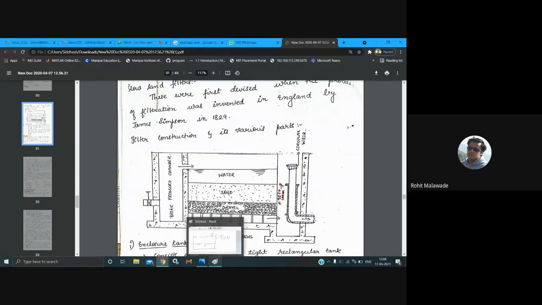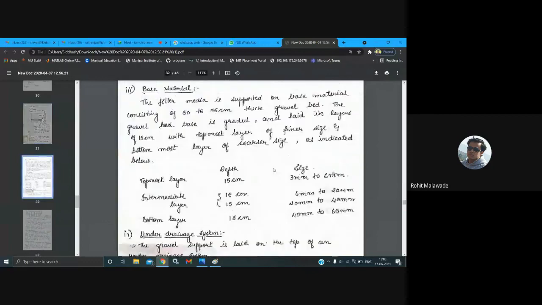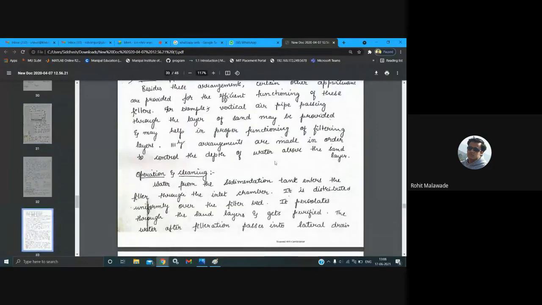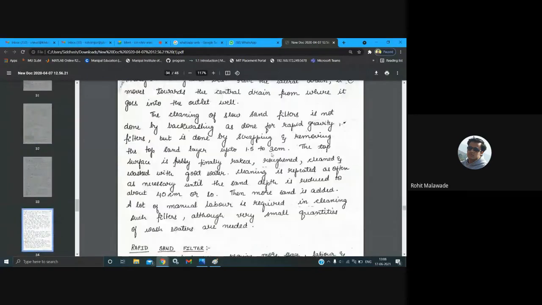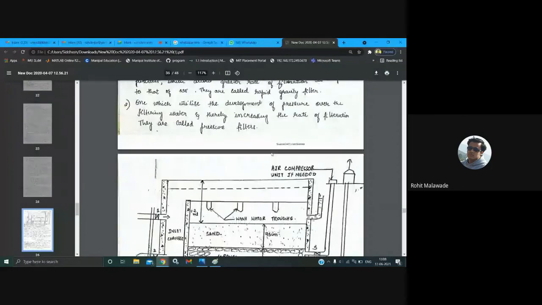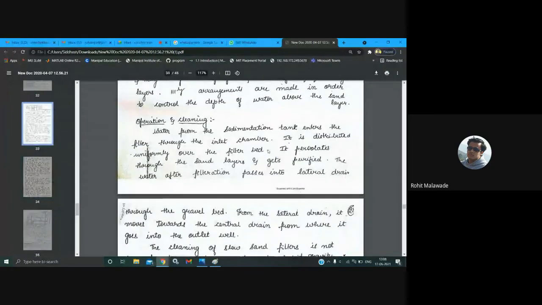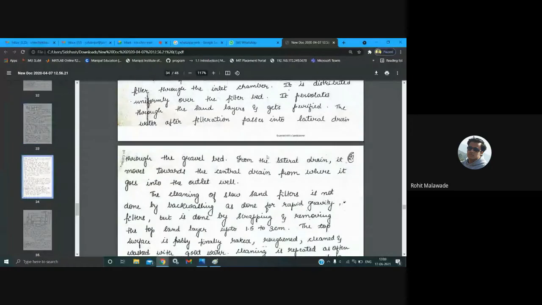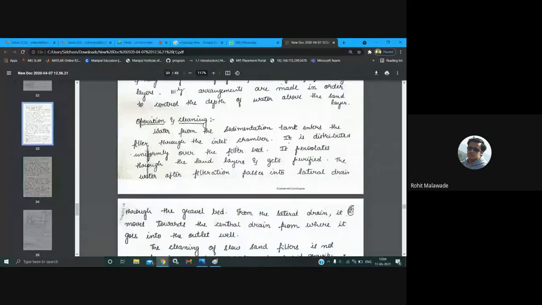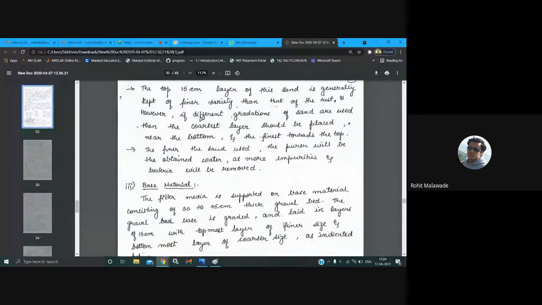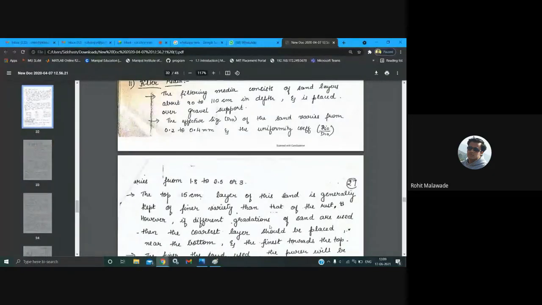So this is the entire construction and working of the slow sand filter. In the next classes, we will see how we are going to clean our slow sand filter. Okay, is it clear?